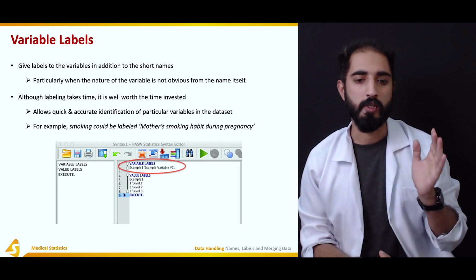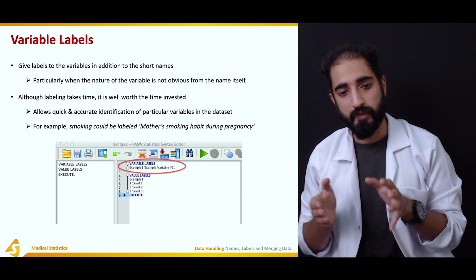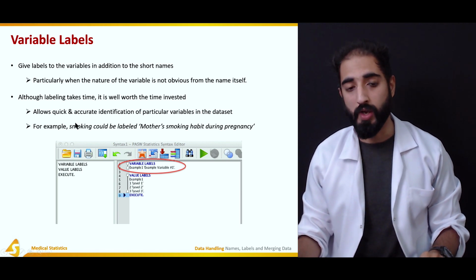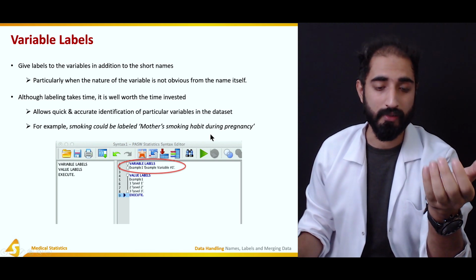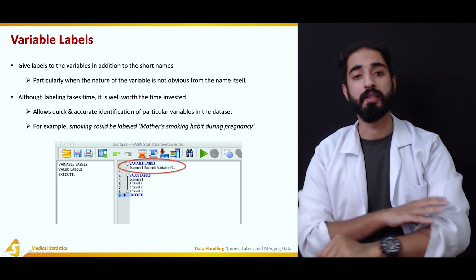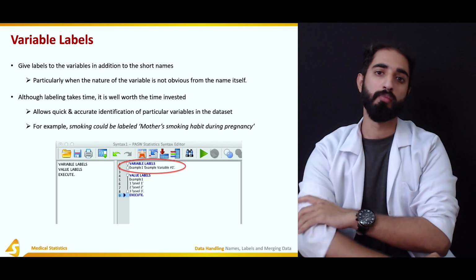So you can add the label as mother smoking habit during pregnancy. It is very important, because smoking alone does not convey that it is actually the smoking habit of the mother during pregnancy. So this label clearly identifies and conveys what this variable is intended to measure.